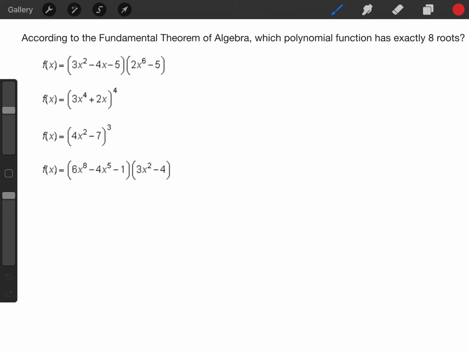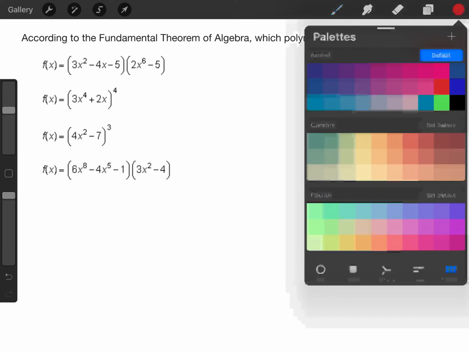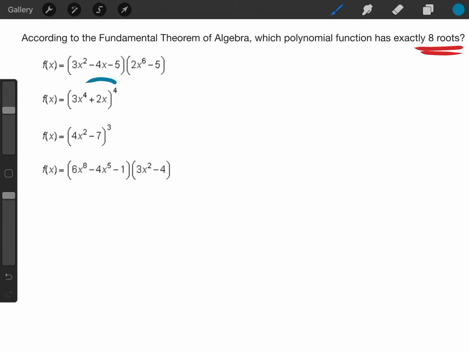All right, so according to the fundamental theorem, which one has 8 roots? So you can just kind of look. I'm going to give you guys all the wrong ones first. So 4 distributes to 4, so 3x to the 4th power times 4. Actually, we're going to ignore the coefficient. All we need to worry about is the exponents.